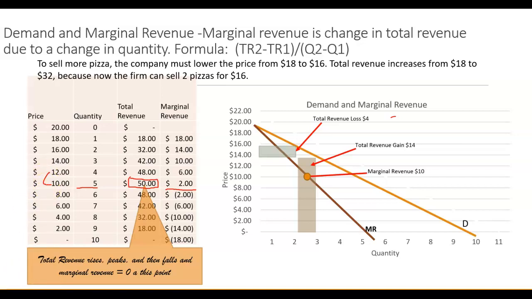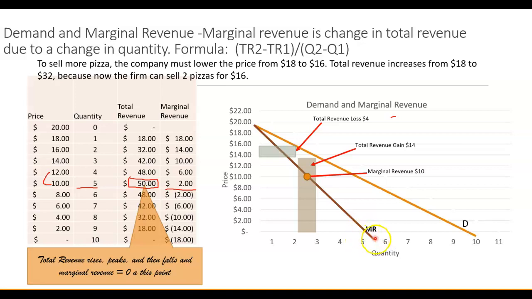I drop my price from $10 to $8, and I sell 6 units. My total revenue is $48. Now you can see here my revenue is dropping. And what happens to my marginal revenue? It's now negative. So come over here. You see, as I go between 5 to 6 units, that extra amount that I'm producing is really taking away from my profit.